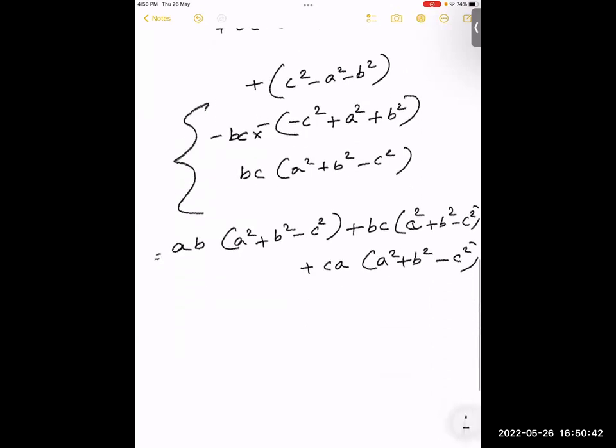Now can I answer? Yes. A square plus B square minus C square into AB plus BC plus CA. That's it. This will give you the final answer.